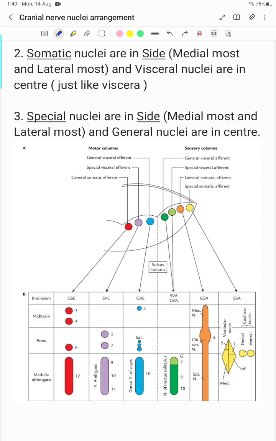So it is supplied by the 7th, 9th and 10th nerve, and the nucleus tractus solitarius. Okay, so these are all nuclei of vagus only, but this was nucleus ambiguus, this is the dorsal nucleus of vagus, and this is the nucleus tractus solitarius.